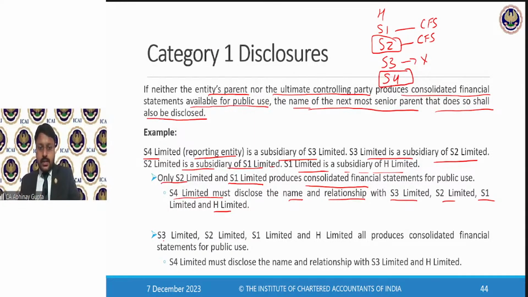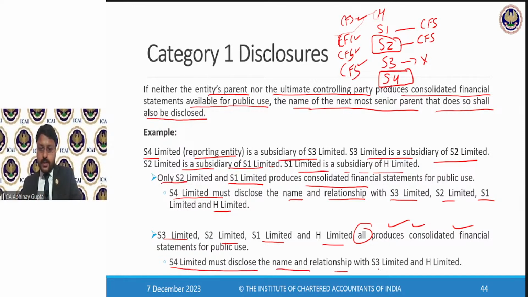Now, another scenario: S3 Limited, S2 Limited, S1 Limited, and H Limited all are producing the consolidated financial statements. So here, S3, S2, S1, and H, all the four are producing their respective CFS, right? Then what will happen? S4 Limited must disclose the name and relationship with S3 Limited and H Limited.